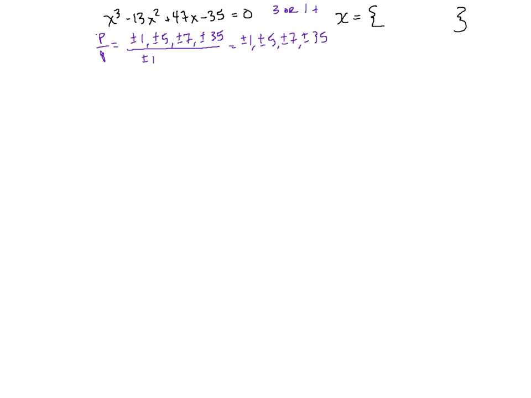And if we do f of negative x, we get negative x cubed minus 13 times x squared, plus 47 times negative x minus 35, and that is negative x cubed, negative 13x squared, negative 47x minus 35.